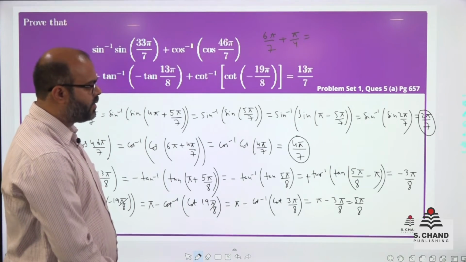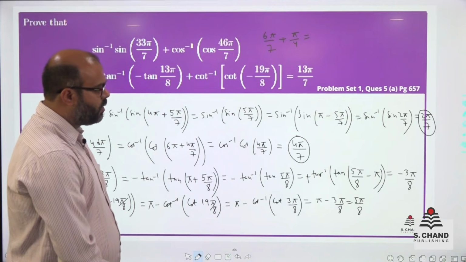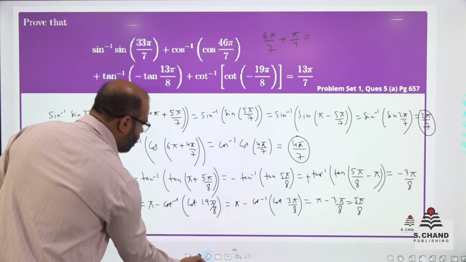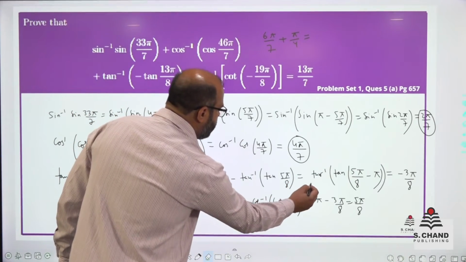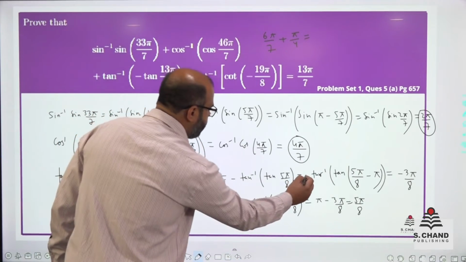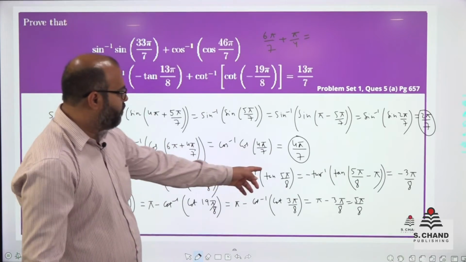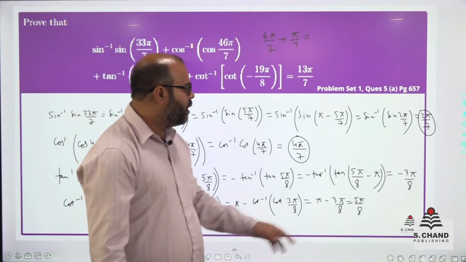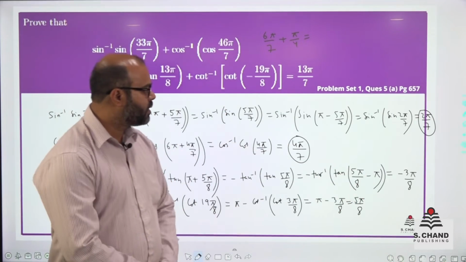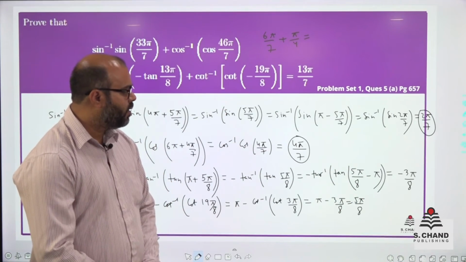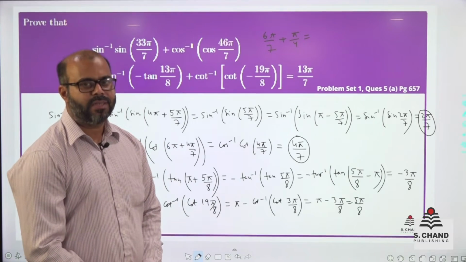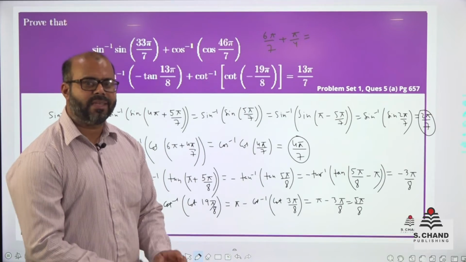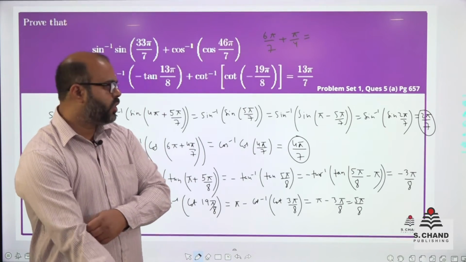If you take the minus sign outside, as tan pi minus theta is okay. Right. So here basically this minus sign will be intact, and tan 5 pi by 8 is tan 5 pi by 8 minus pi, because tan 5 pi by 8 minus pi is minus tan pi minus 5 pi by 8, which is minus of minus tan 5 pi by 8. So that will be plus.